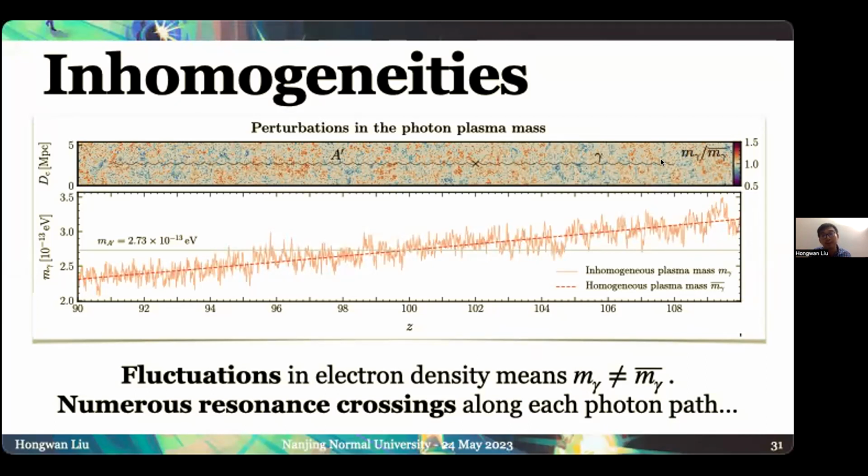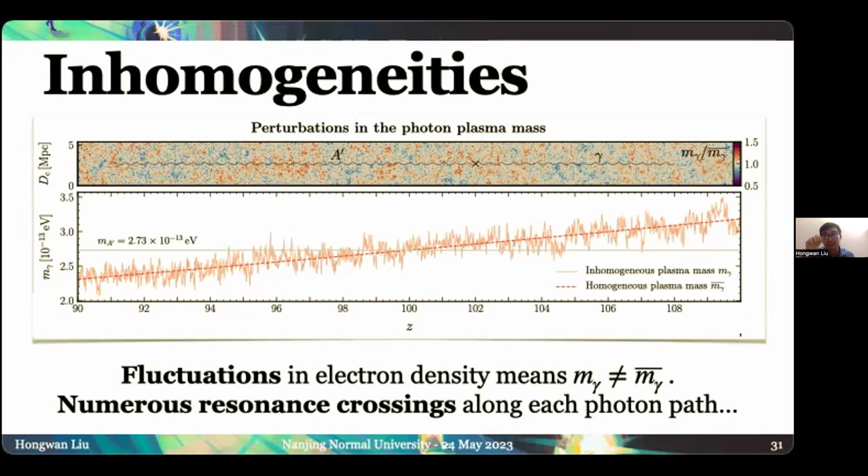And you should imagine a photon traveling through this box and having some kind of resonant conversion along the way. And so if you plot, for example, the plasma mass that the photon experiences as a function of redshift as it goes through this box, you can see in this red wiggly line here that, of course, as it passes through all of these different patches, the plasma mass is going to vary a lot, I mean, significantly.